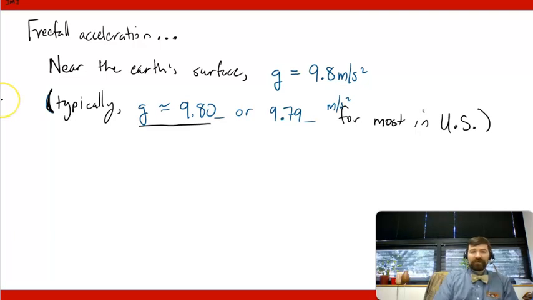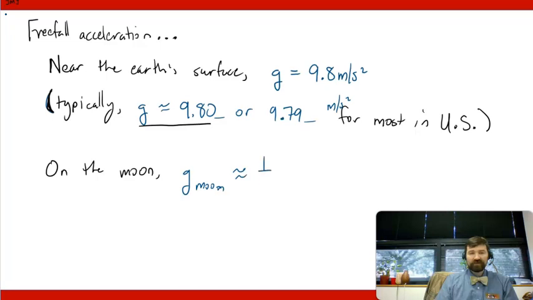If you go somewhere else, like the moon, the local free fall acceleration, which we could call g moon, is approximately 1/6 of g for the Earth. Another commonly used one is Mars.